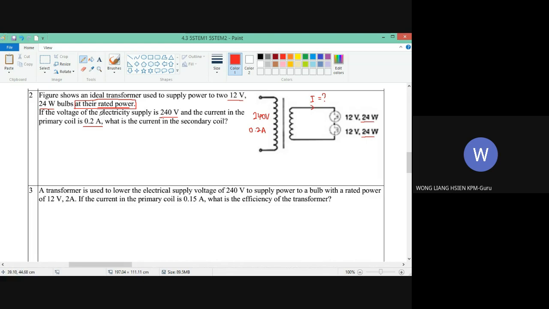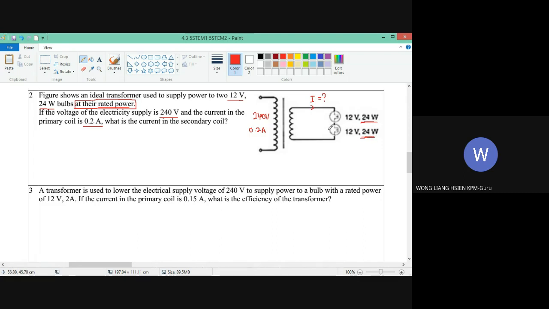When it says that it supplies power to the bulbs at their rated power, it means that the two bulbs get the 24 watt that is labeled on the bulb.